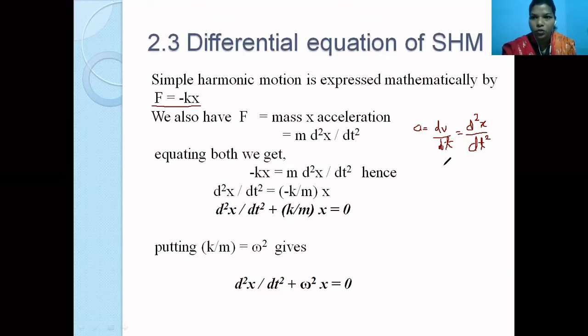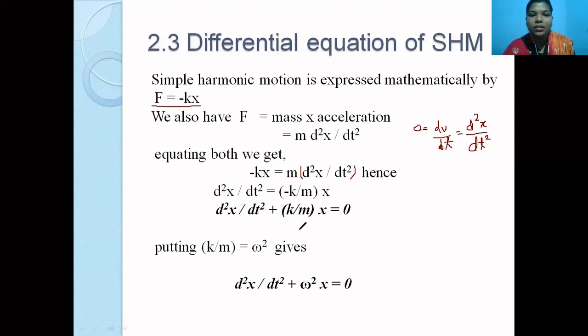Now what I am going to do next is equate these two equations. I equate minus kx with m into d2x by dt square. So I keep d2x by dt square on one side, and shift this m to the other side. Once I do that, I am left with minus of k by m into x.